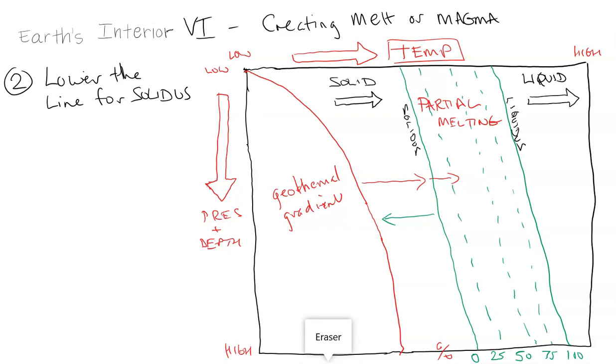So you're going to lower the solidus line, as opposed to raising the geothermal gradient. If you want to lower the solidus line, you have to add things to the rock in order to do this.